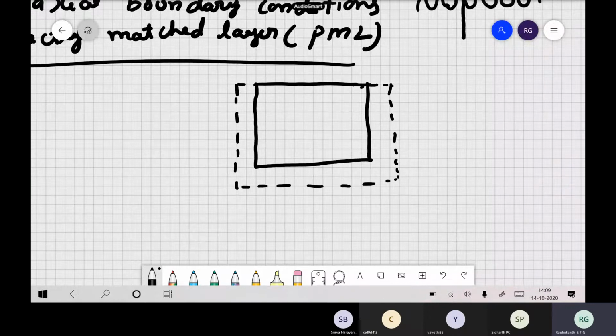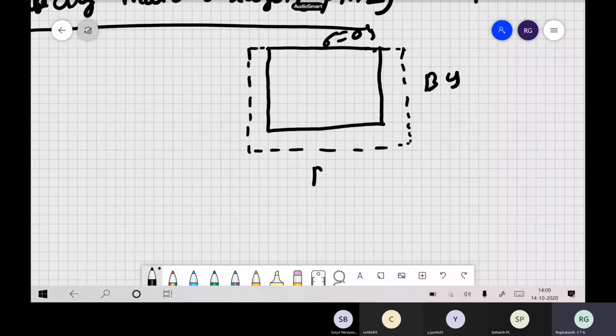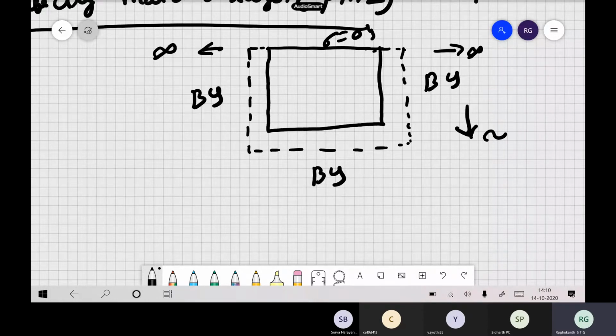The surface of the earth is stress free, so here sigma is 0, but at these places, the sides as well as the bottom, you have to use the absorbing boundary condition, because your things are infinite. So this also is infinite, and this also is infinite.